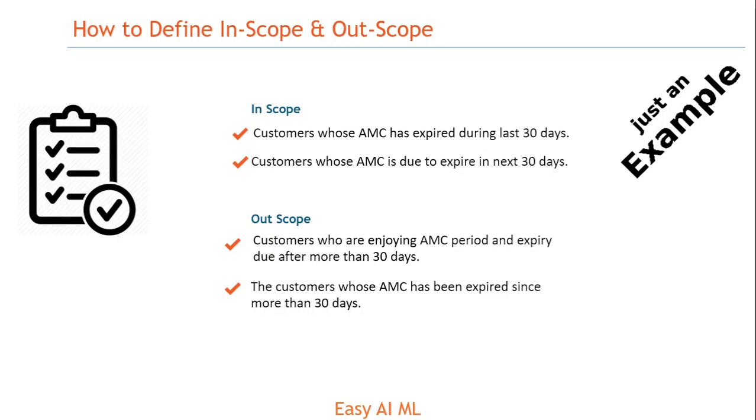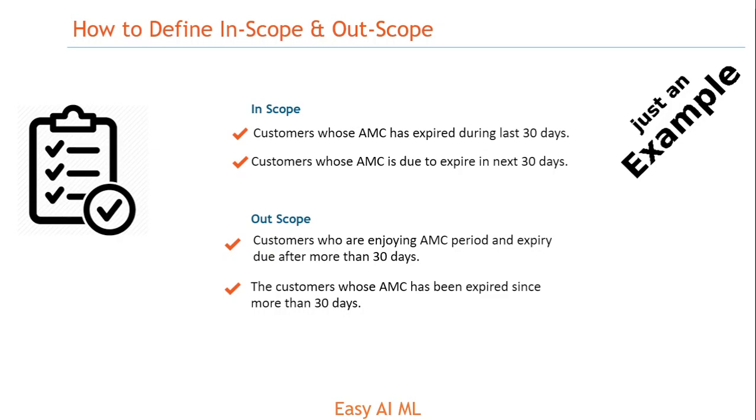While we are going to build the model, we need to ensure where this model should put its focus. So as you see, we have defined the in scope. In scope is the customers whose AMC has expired during the last 30 days, and customers whose AMC is due to expire in the next 30 days. So we should focus only on the customer set whose AMC has recently expired, or in the very near future, next 30 days, is going to expire.